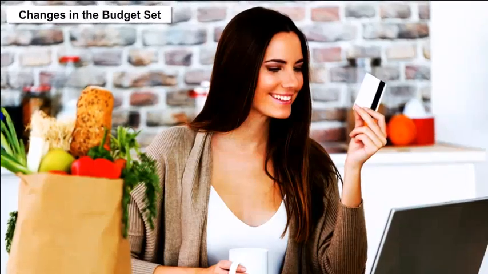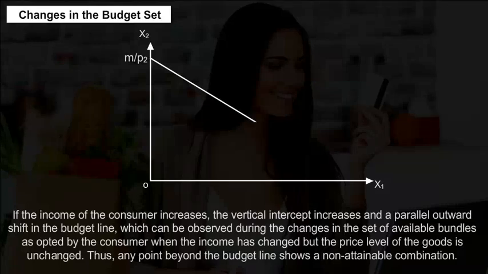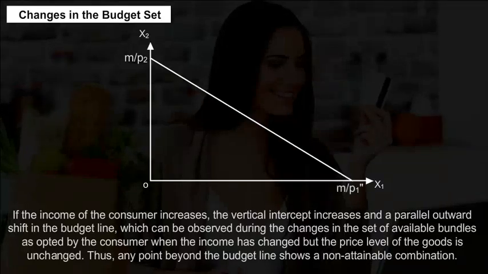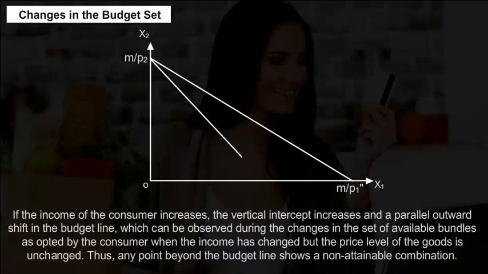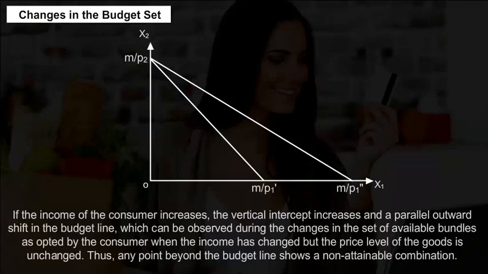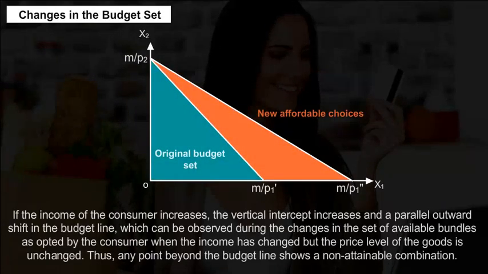Changes in the budget set. If the income of the consumer increases, the vertical intercept increases and there is a parallel outward shift in the budget line. This can be observed in the changes in the set of available bundles when income has changed but the price level of the goods is unchanged.